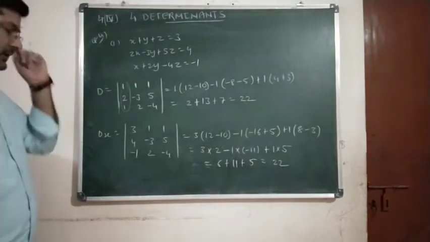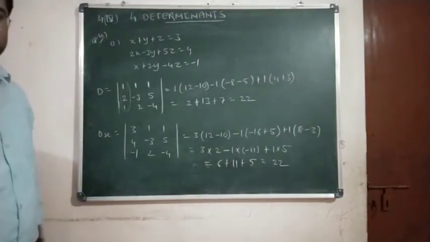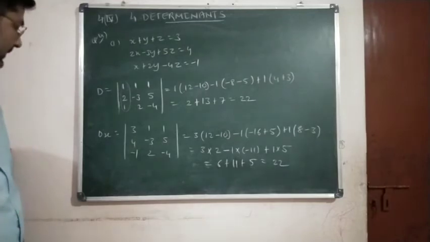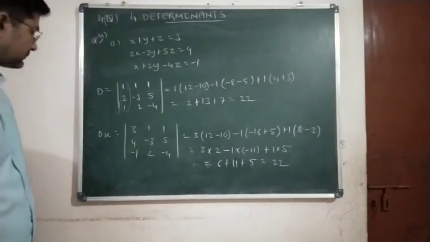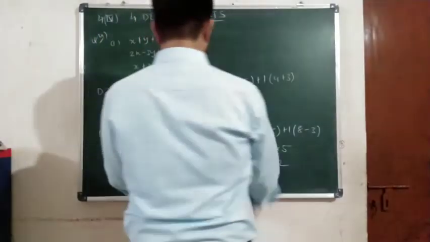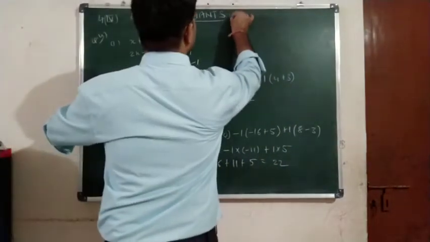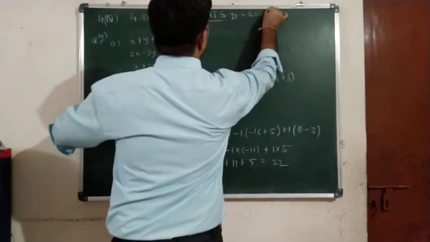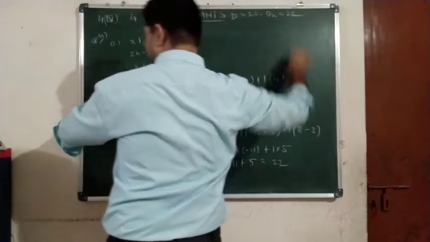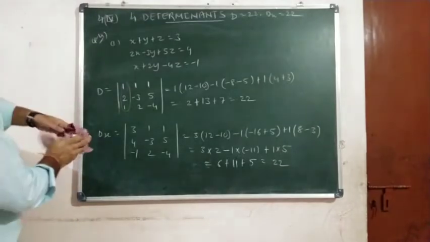So one thing is clear, x is dx upon D, 22 upon 22 will be 1. Clear? Now let us calculate dy. Remember the value of D is 22, dx is 22.